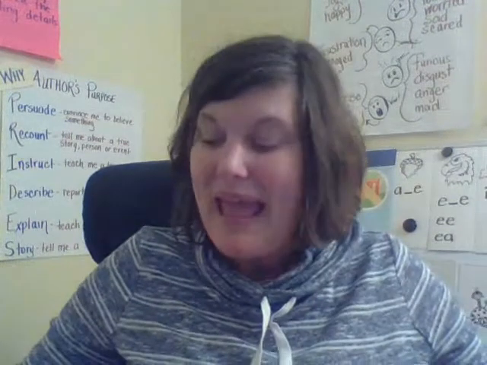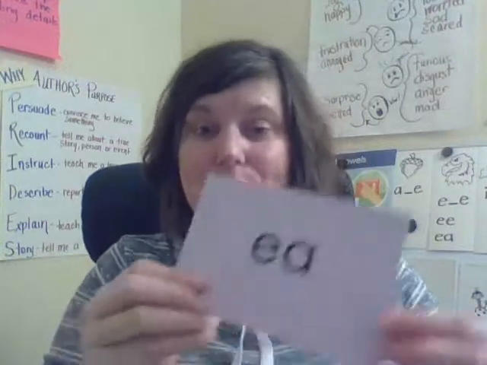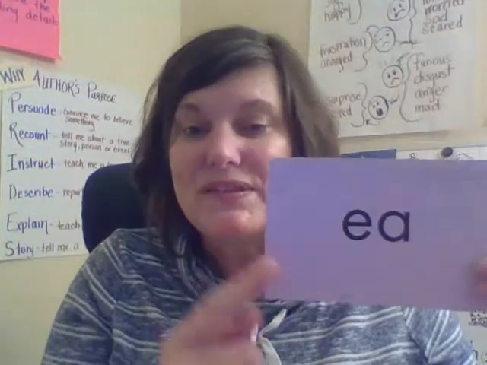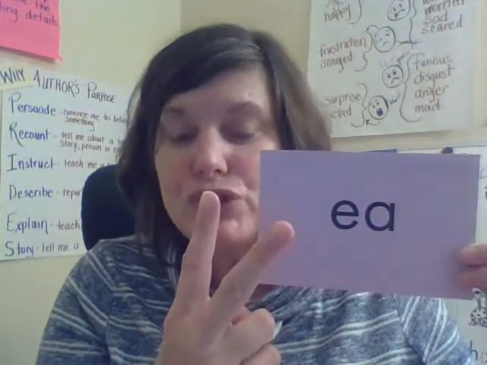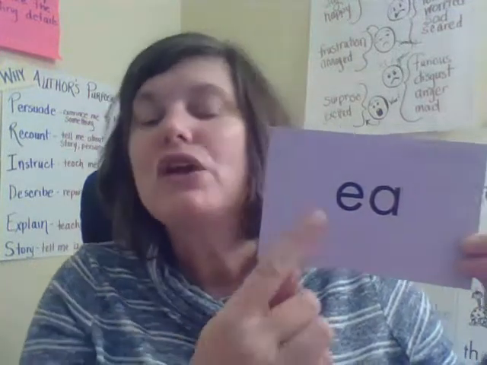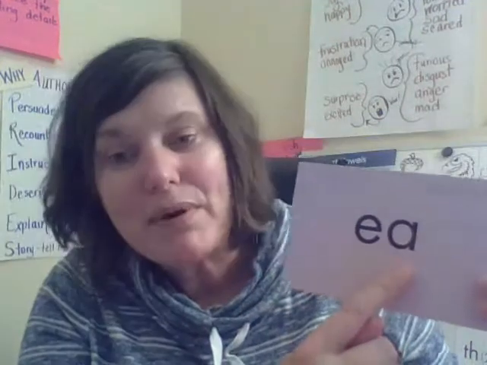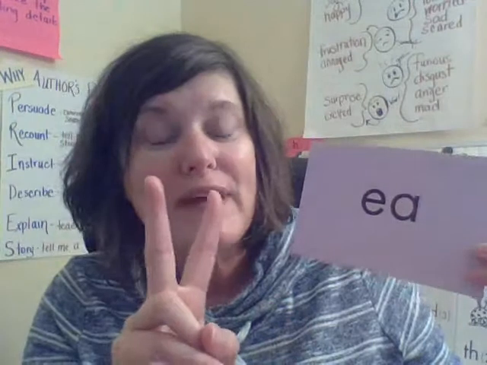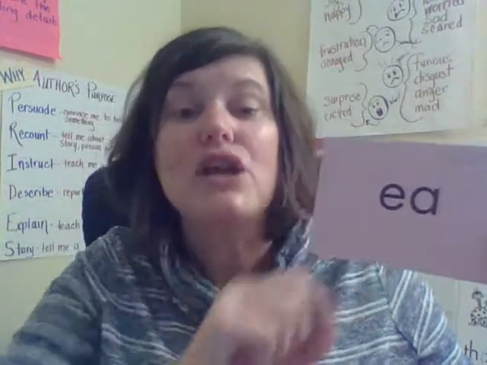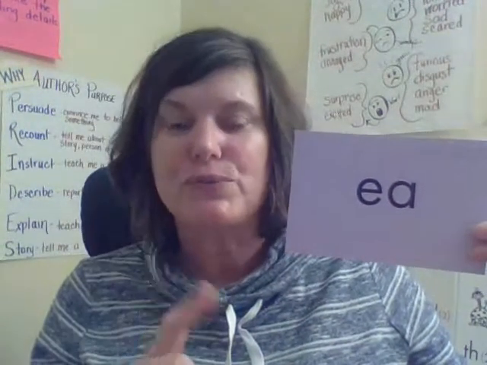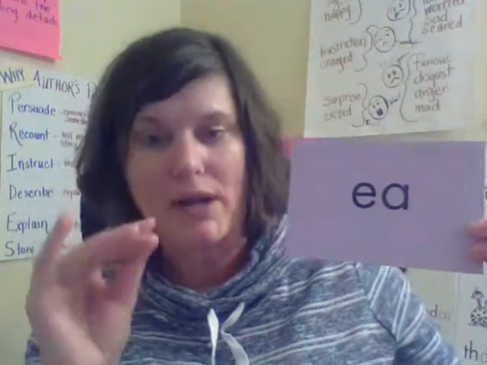Good. And the second vowel pair we're going to learn today is EA. So this is a vowel pair because we have two vowels together, and a pair is two. So remember our saying, when two vowels go a walking, usually the first one does the talking.